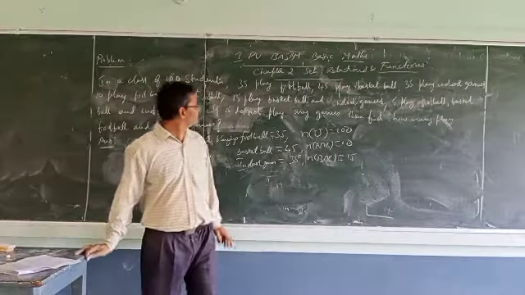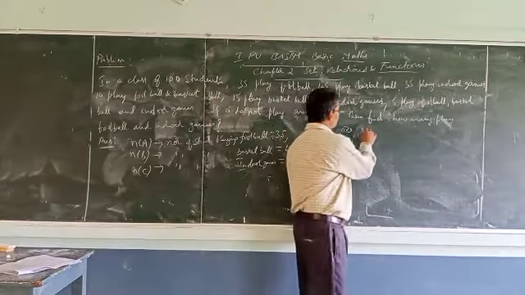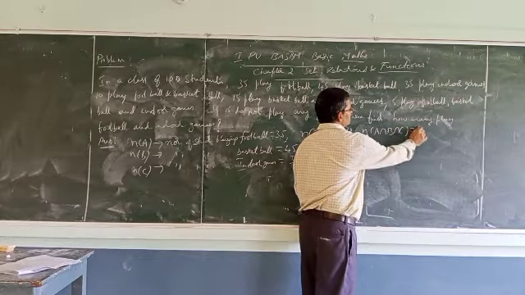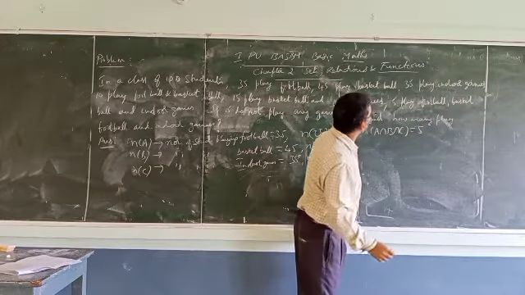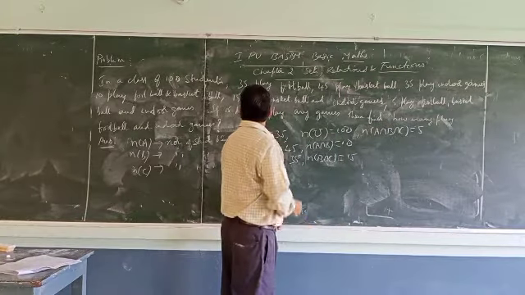So N of A intersection B intersection C is 5.